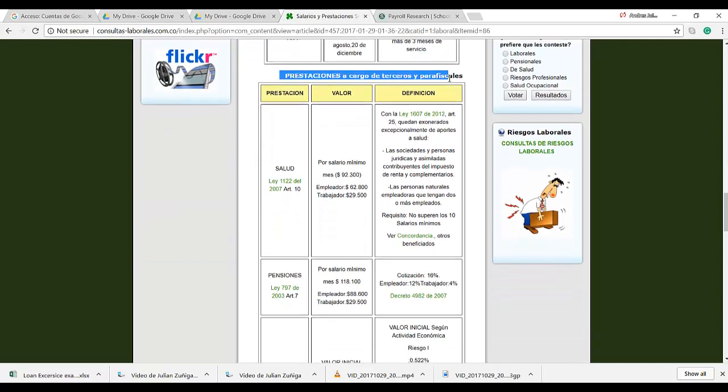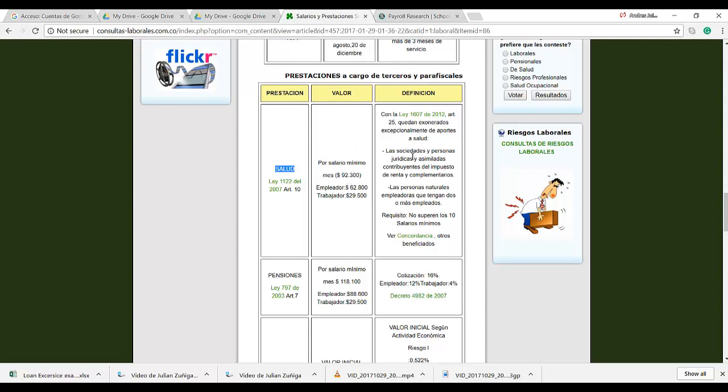Prestaciones a cargo de terceros y parafiscales. This is a different category that we're going to use, and it changed a little in 2014. There was a change. Now, if you're an employer and you have 2 or more employees, then you would be exempt from paying health. Okay?